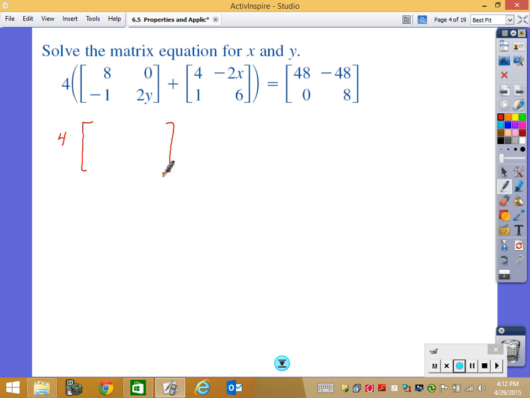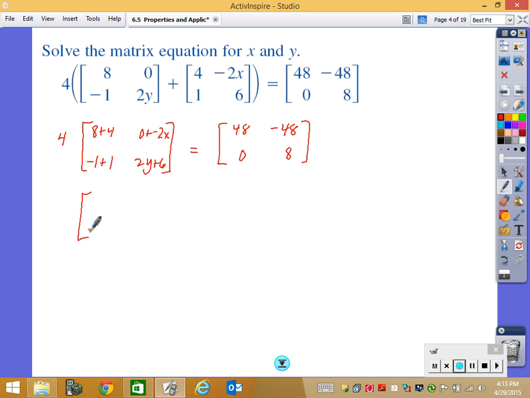And my work would be 8 plus 4, 0 plus -2x, -1 plus 1, and 2y plus 6, should equal 48, -48, 0, and 8.